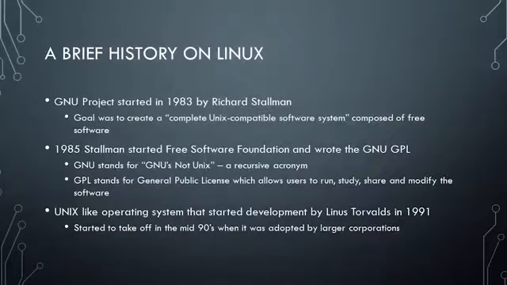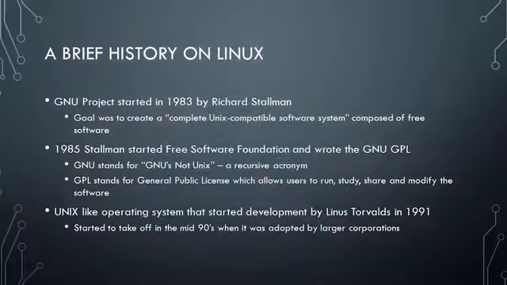So, a brief history of Linux. Back in 1983, Richard Stallman created the GNU project, spelled GNU. The goal was to create a Unix-compatible software system composed of free software.